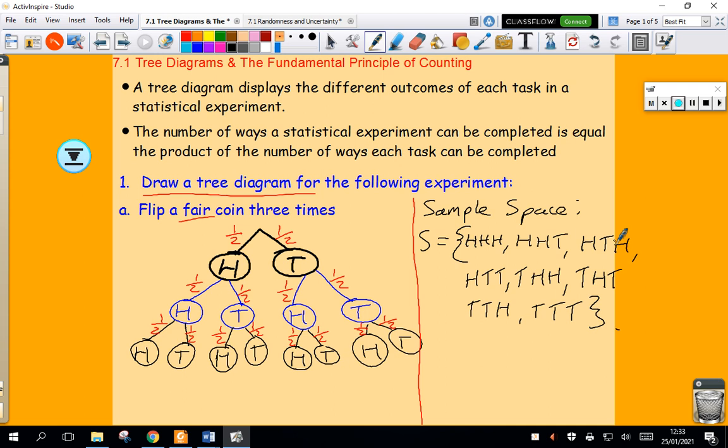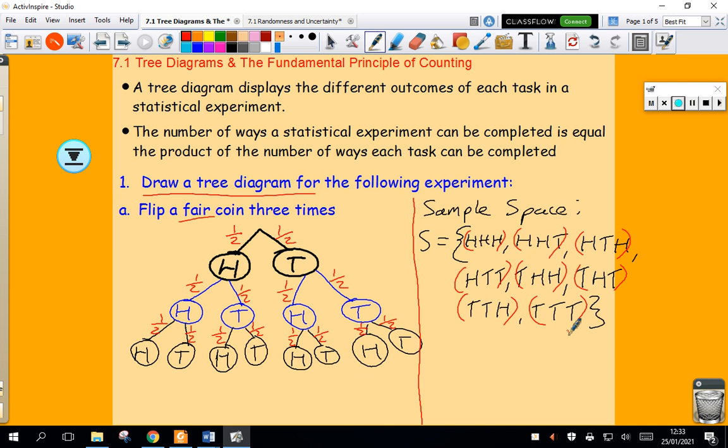Note, there are 8 possible outcomes in here. 1, 2, 3, 4, 5, 6, 7, 8. If you prefer to put those in brackets, absolutely you can do that. So you'll often see those in brackets like that within the sample space. That's absolutely fine. So 8 different possible outcomes when I conduct this experiment.